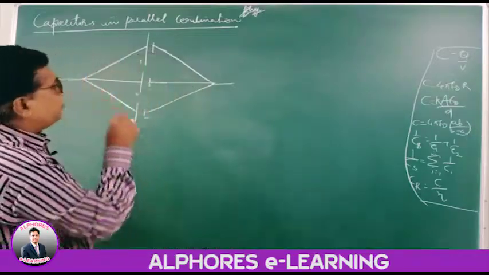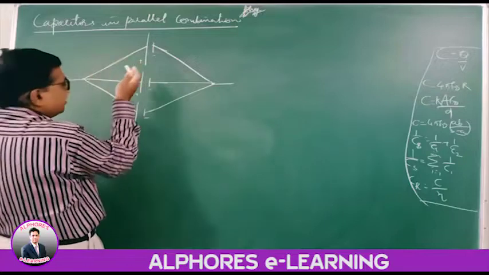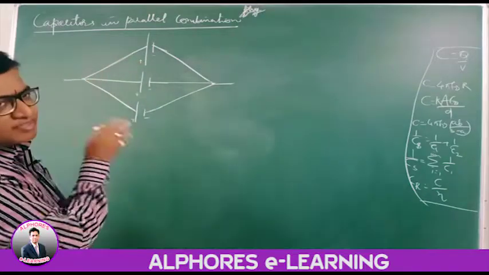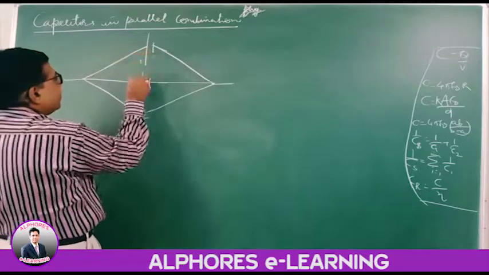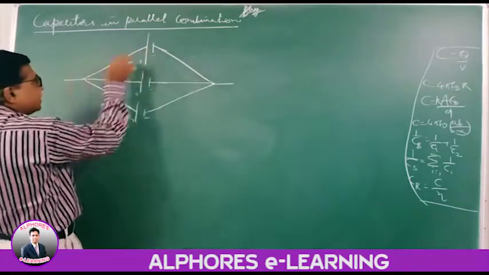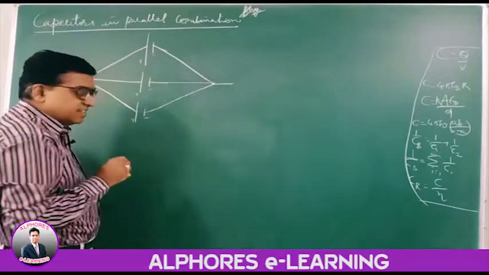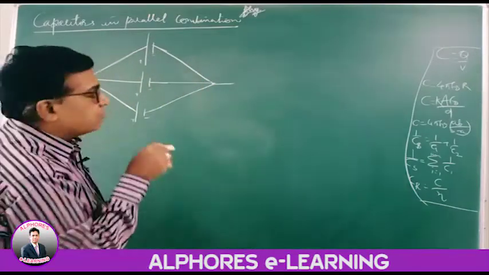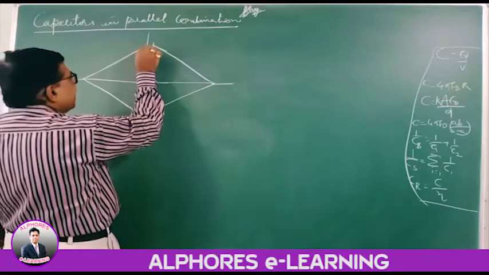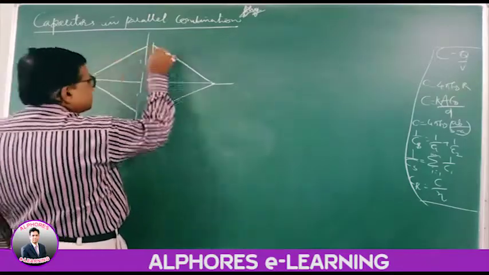Let us take an example of cells, a battery. If I take the cells with all positive terminals connected at one side and all negative terminals connected at the other side, then this combination is termed as parallel combination. In this element, this terminal is connected to this point and this terminal is connected to this point.